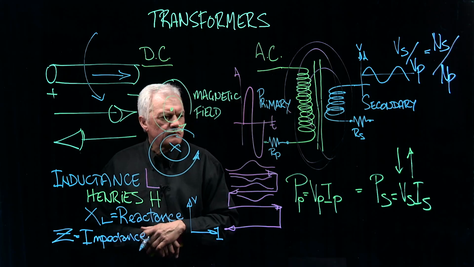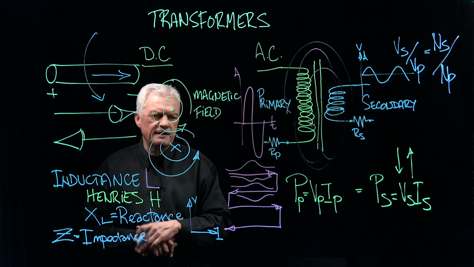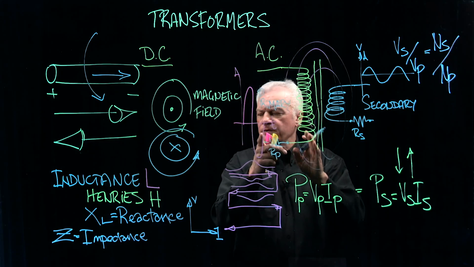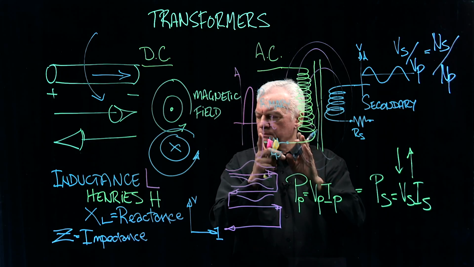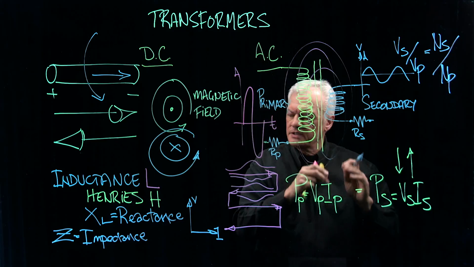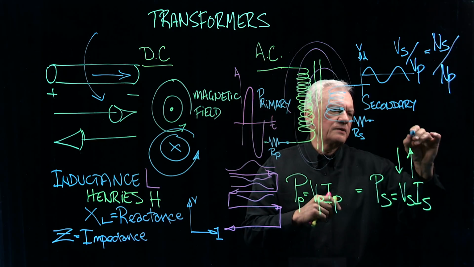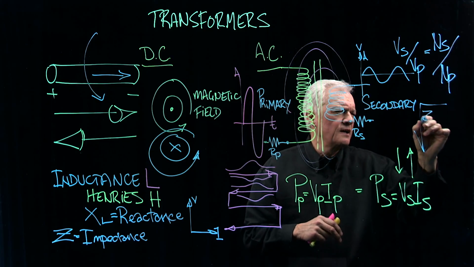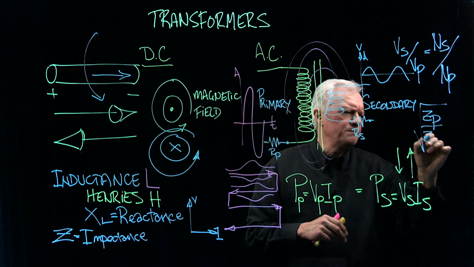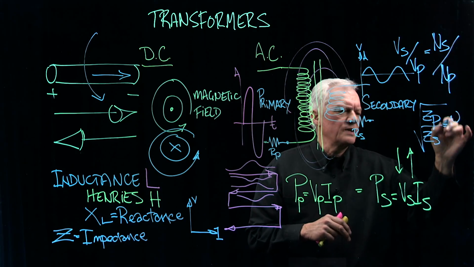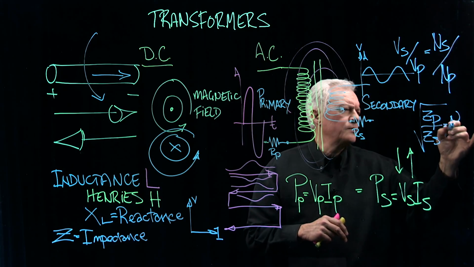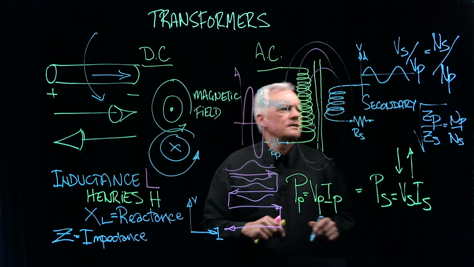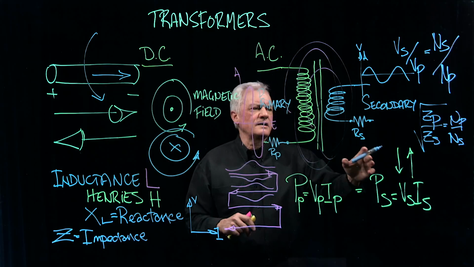Now, if we actually then look at a data sheet, more often than not, they will give you the impedance at some fixed frequency of this primary circuit and the impedance of the secondary circuit at that same fixed frequency. And so if we take the impedance of the primary and divide it by the impedance of the secondary, we will also get then our turns ratio, our primary to secondary turns ratio. Okay, so that's another way of calculating.